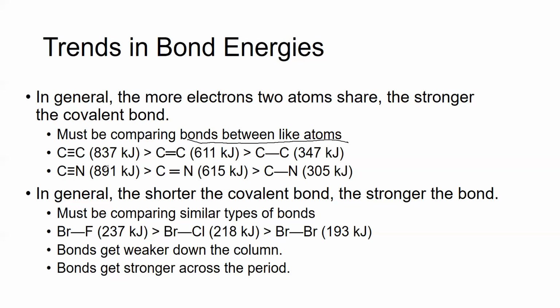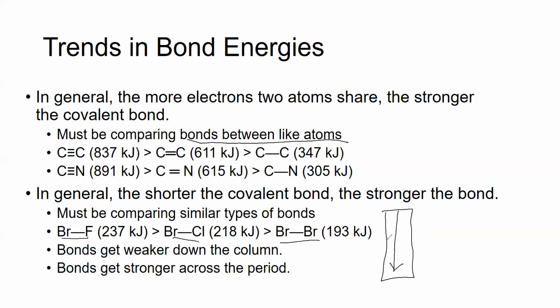we can only determine bond length when we're looking at like types of atoms. So if I compare different atoms, one of these has to be Br if I want to make a trend. And our trend is that this is one column in the periodic table.